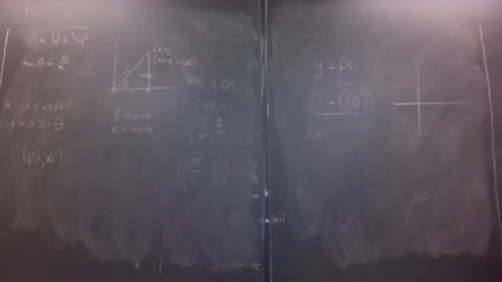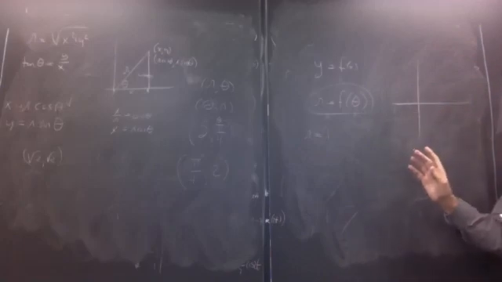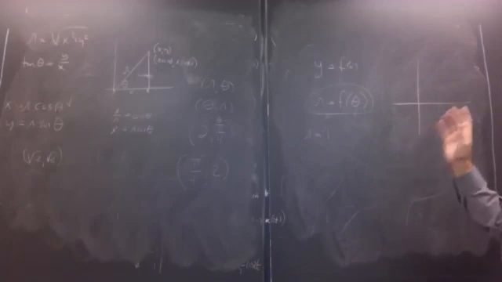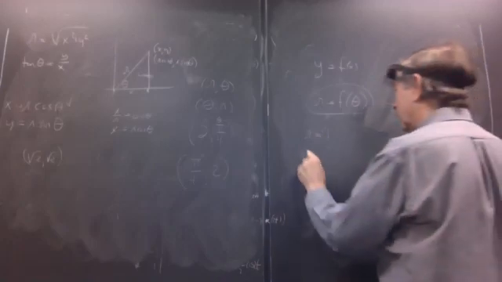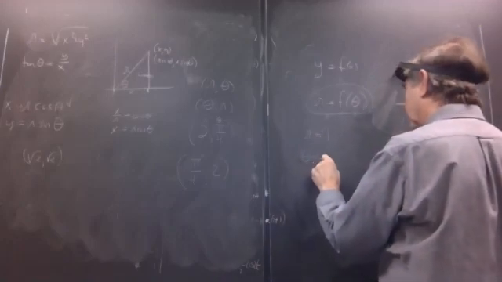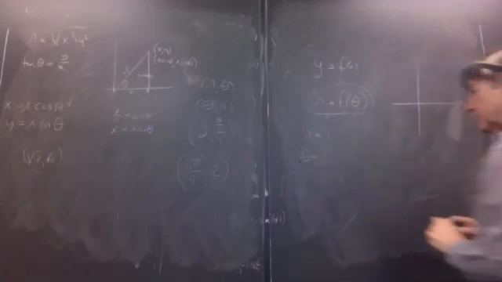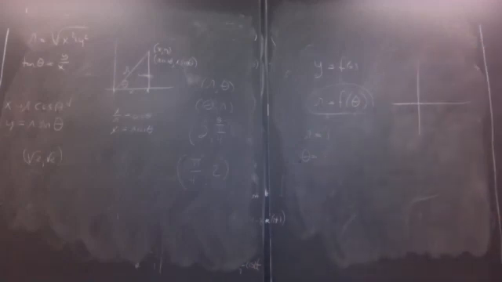We've already talked about that. You get a circle. If theta equals 1, we would have an angle of 1 radian, all the points on an angle of 1 radian. So the simple equations for polar coordinates are when the r is constant or the theta is constant. In one case you get circles, in the other case you get lines through the origin.